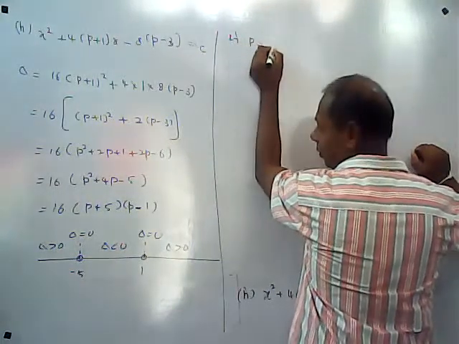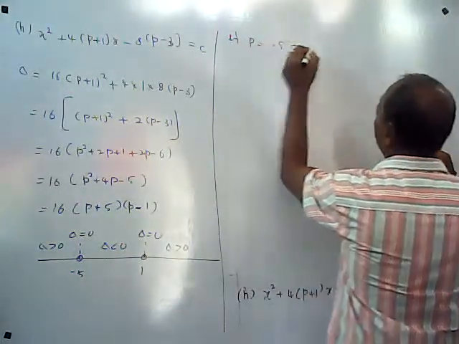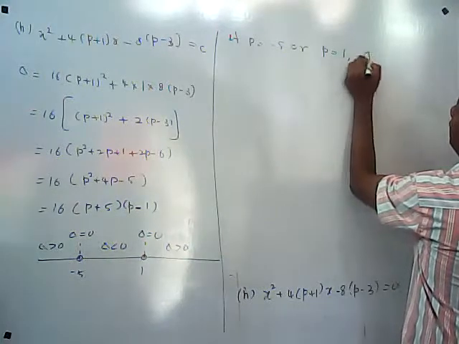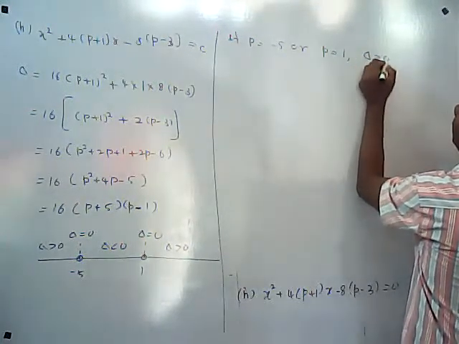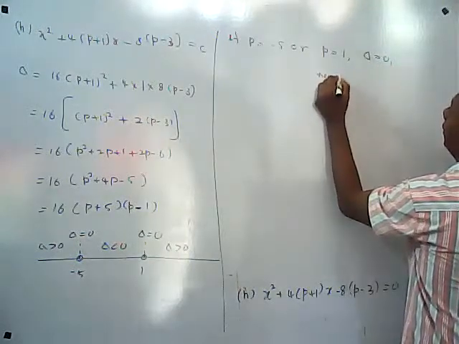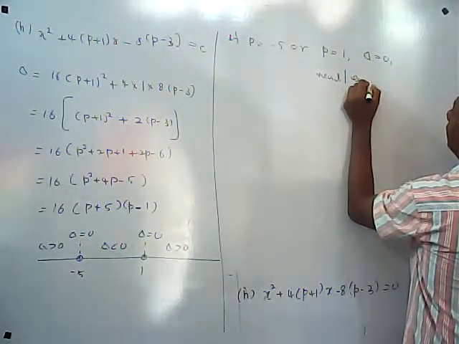If t equals minus 5 or t equals 1, delta is equal to 0, real equal roots.